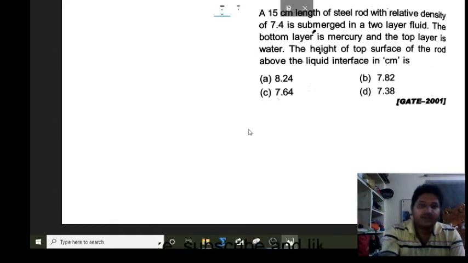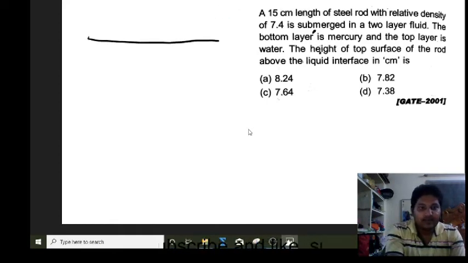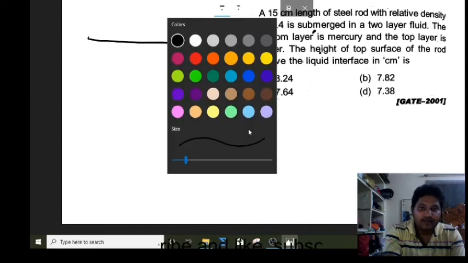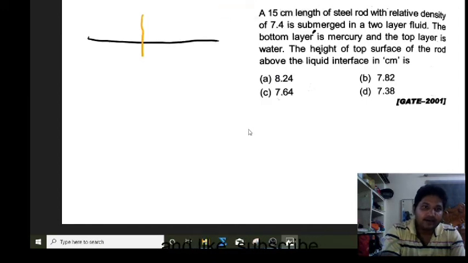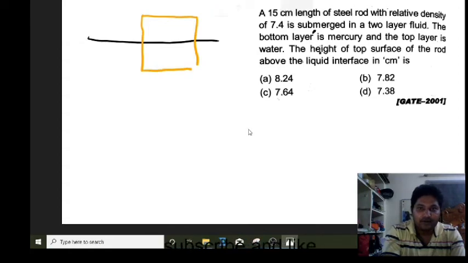Suppose this is my liquid in which a block is there. This is my steel rod, and this length of 15 centimeter is given.